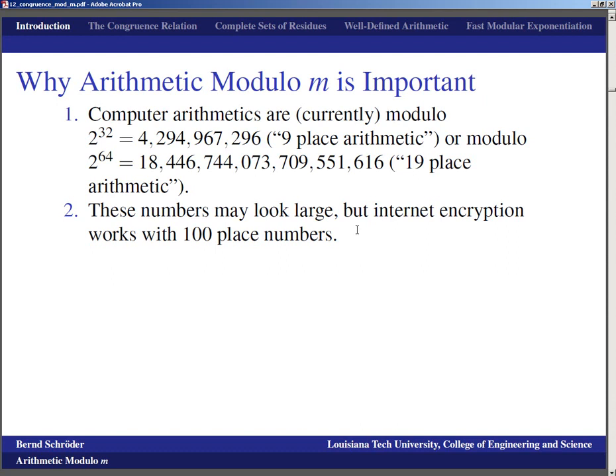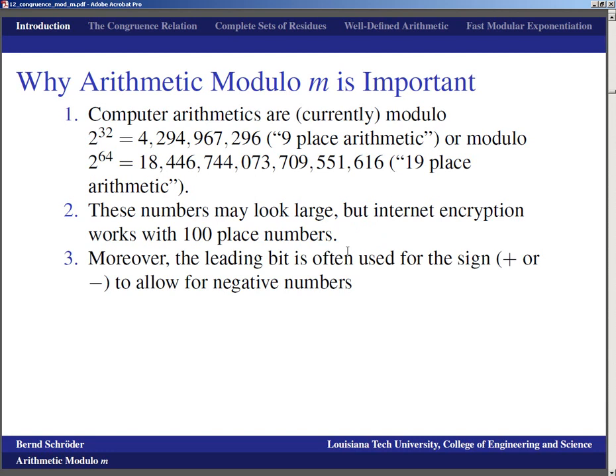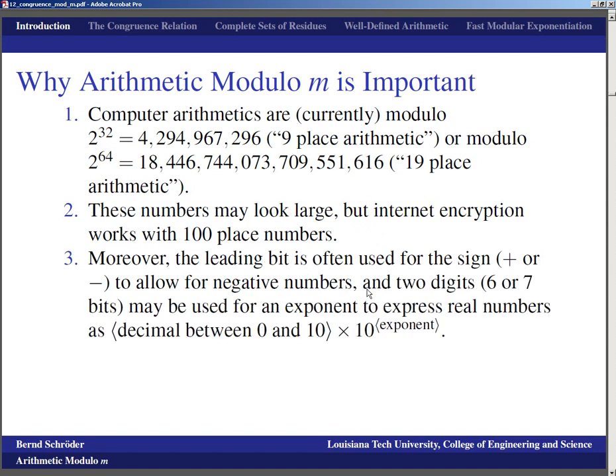Okay, now on the other hand, we also have to realize that these numbers may look large, but internet encryption works with 100-place numbers routinely, or even larger numbers, so that means we need more places of precision. And the leading bit is often used for a plus or a minus sign, so that we could use negative numbers.